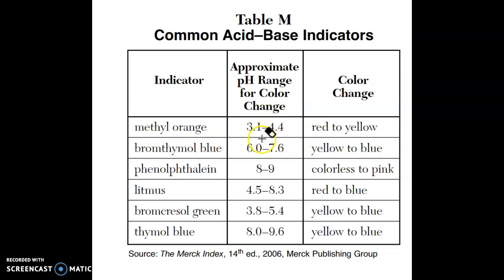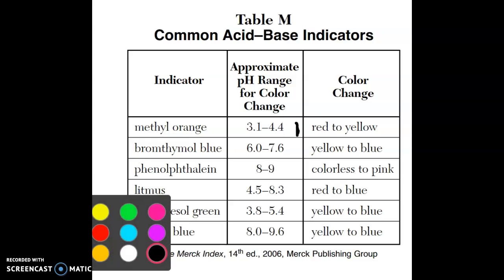Now methyl orange has a color change that's between 3.1 and 4.4. So on our pH scale, that is acidic because it's under a pH of 7. And if you have a very basic solution, you're going to be above a pH of 7. So that means like on the scale, you're all the way over here.